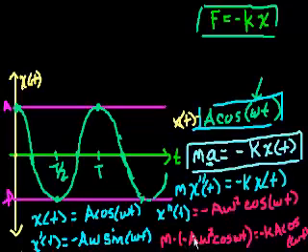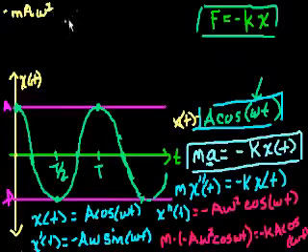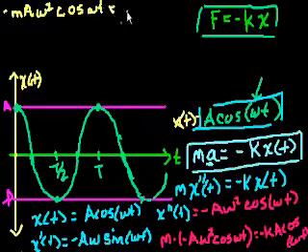And so let me see if I can simplify that a little bit. If I rewrite there, I get minus m a omega squared cosine of omega t is equal to minus k a cosine of omega t. Well, it looks good so far.